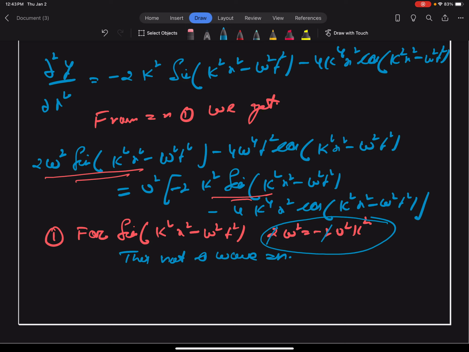And similarly, if we make a comparison between the cosine terms on both the parts, in the cosine terms, especially the angular function, which is the square, the terms indicating t square and x square do not match. Okay. So we can say for cos, we have here k square x square minus omega square t square.